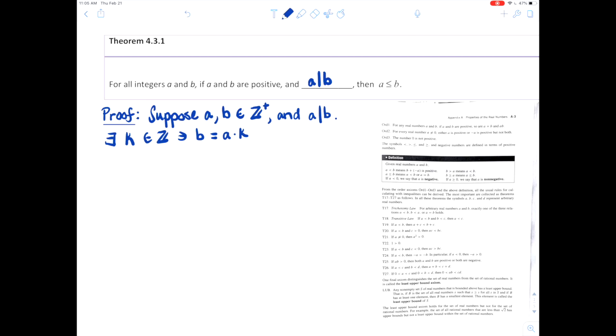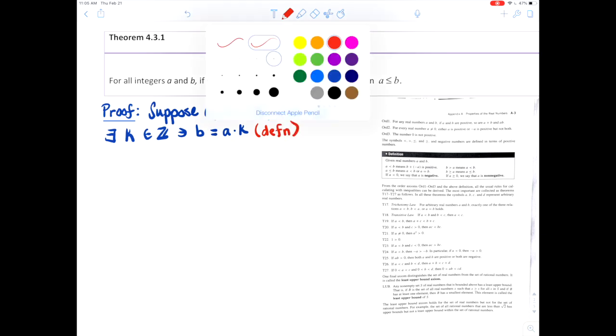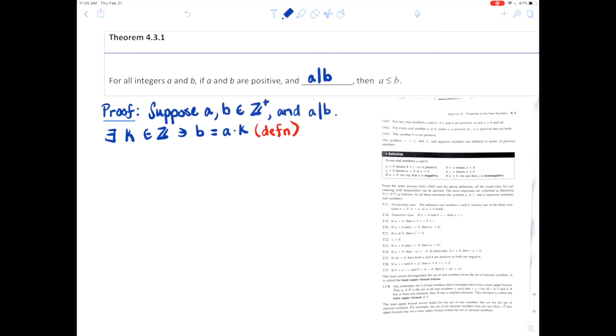Cool so far? And why can I say that? It's by definition, specifically the definition of divisibility, but we can just write definition here.